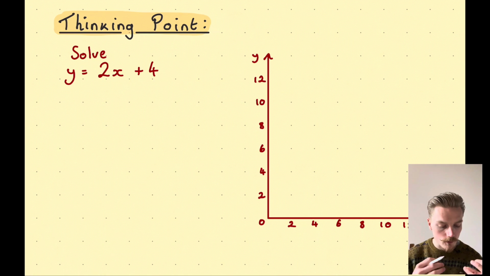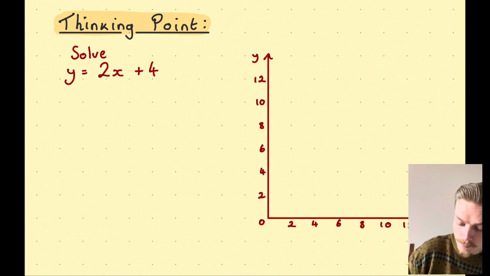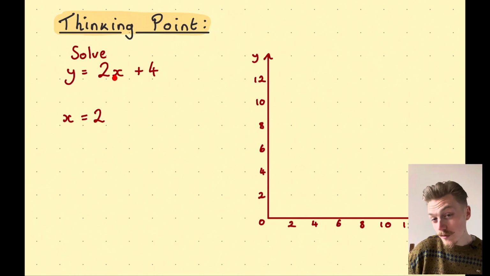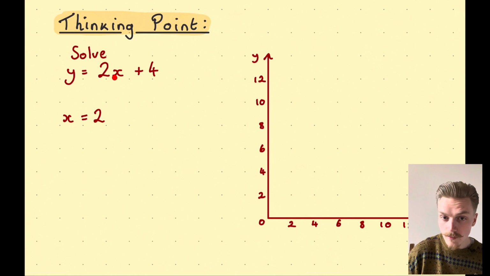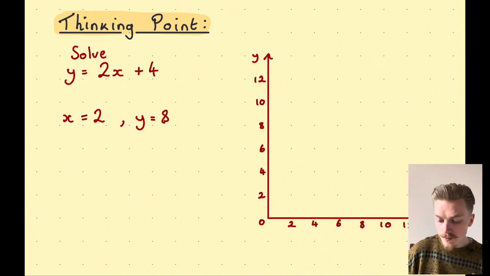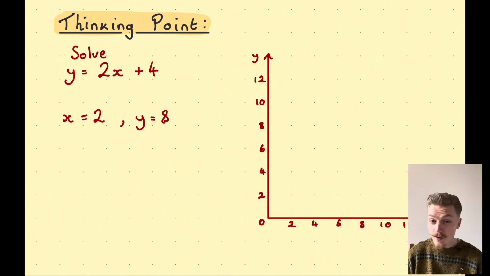We can't find just one solution, what y and x is going to be, because there's actually an infinite amount of different answers we could get. So, for example, if we said that x was, let's say, 2, this means 2 multiplied by 2, which is 4, and then we add 4 to get 8. So y would be equal to 8. So that's one possibility. But there's an infinite amount.